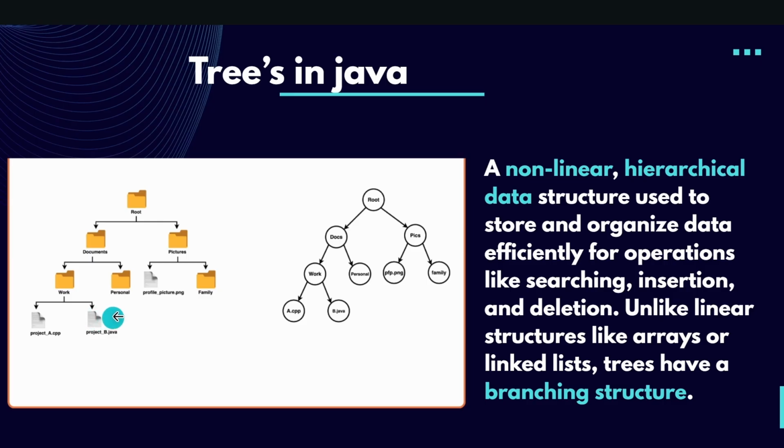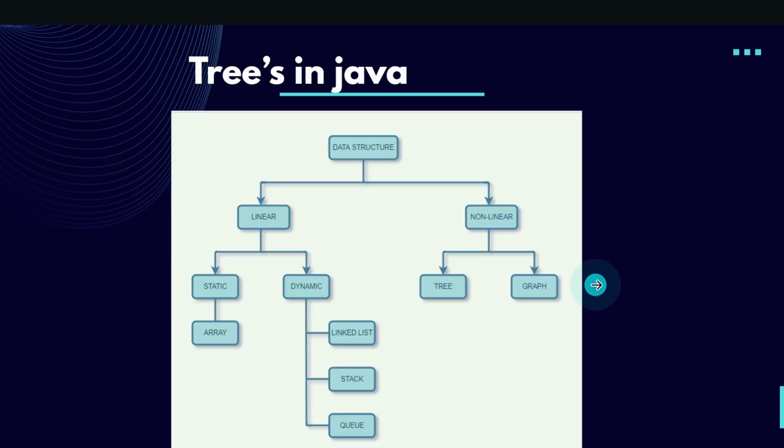This is a leaf file, this is a leaf folder. The working folder is not a leaf folder because it has two children. The bottommost elements which do not have any children are known as the leaf nodes.